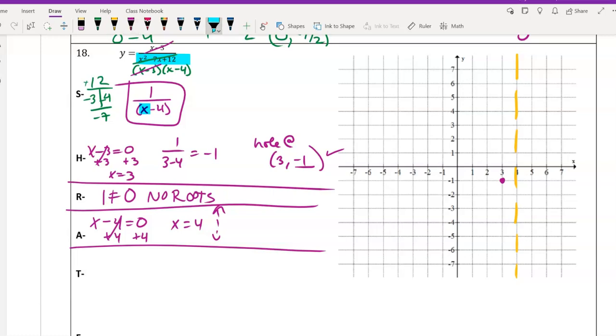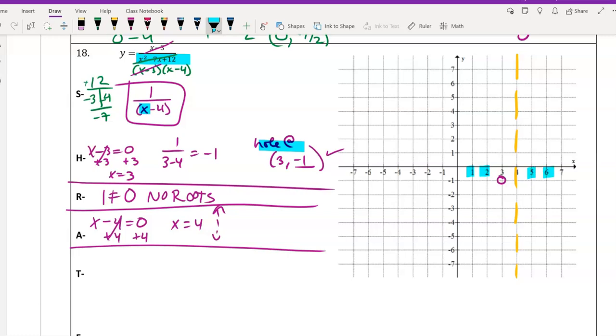We need 2 to the left. Ooh, I'm realizing I made a little mistake. This point right here, I literally said it's a hole, and for some reason I still drew a closed circle. This is a hole, open circle. Okay, now coming back to my test points, we already have a point at 3, so we don't need to do that one again.